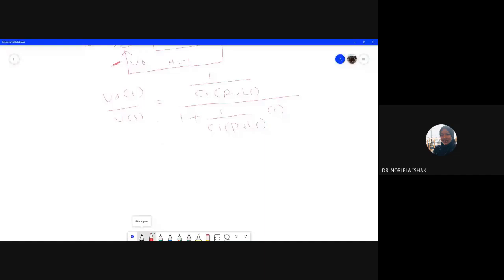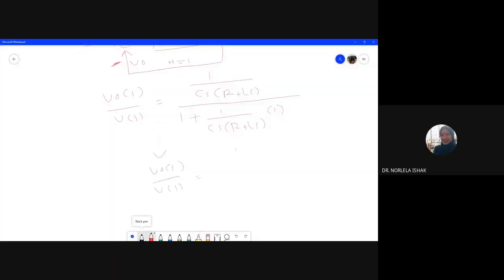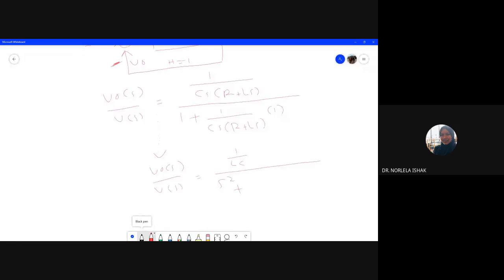the equation until you can get 1 over LC S square. From the RLC circuit, we can get a second order system, because S square means a second order system, LS plus 1 over LC.